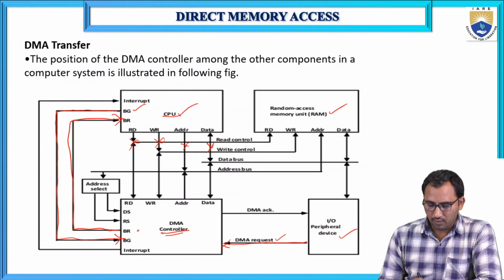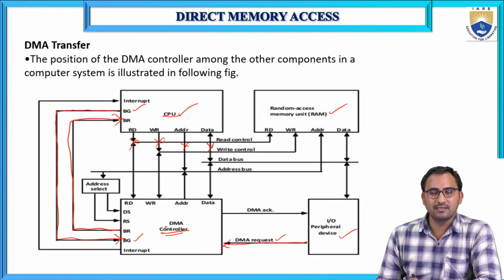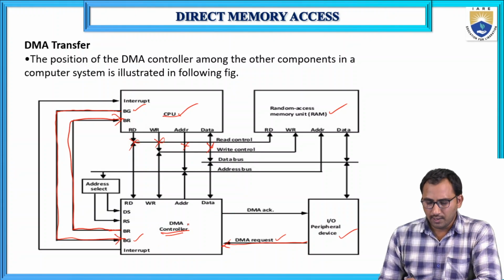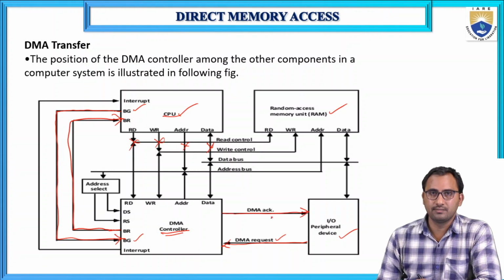Now when the DMA controller receives a bus grant, the DMA controller will take control of all the buses. After that, the DMA controller will send an acknowledgement to the IO device.